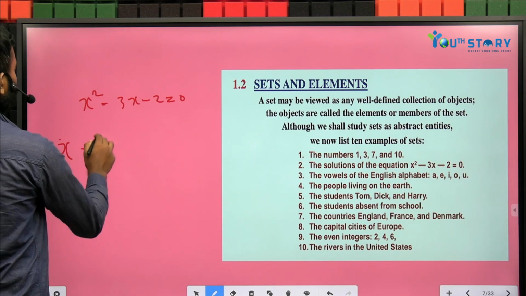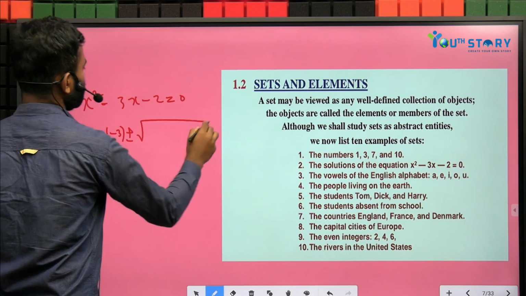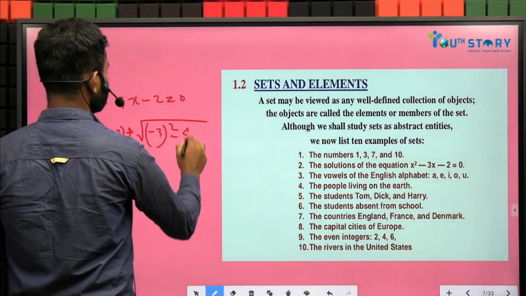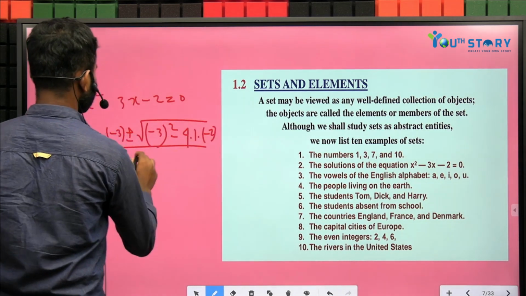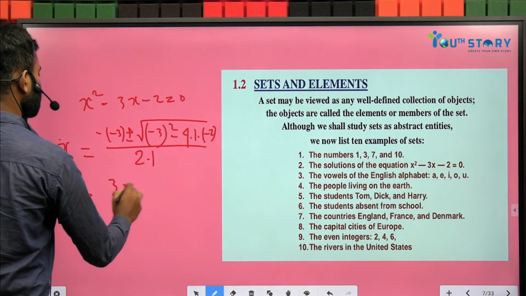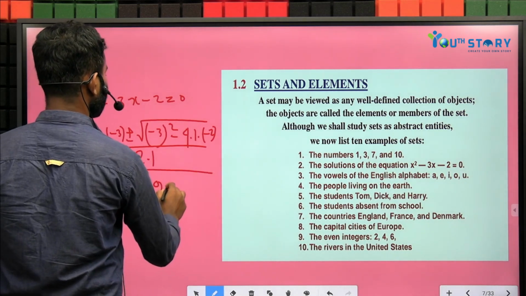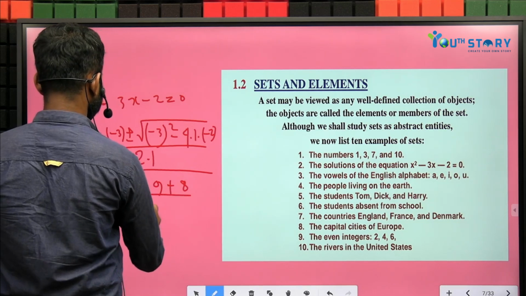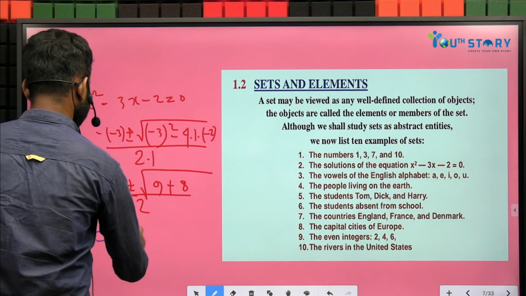Using the direct method, minus b plus minus square root of b square minus 4ac, then 3 plus minus square root 17.